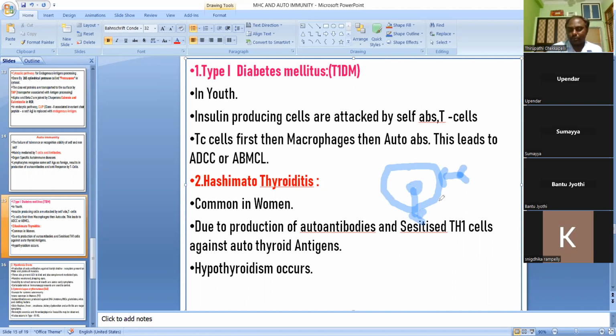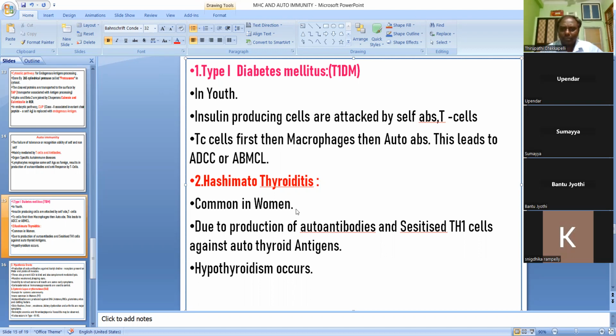Immature thyroxine is produced. Due to continuous stimulation, after some time the cell may not work, so thyroxine lacks. That is Hashimoto thyroiditis disease. It is a kind of autoimmune disease due to change in the structure of the thyroid receptor antigens or proteins. It is very common in women.